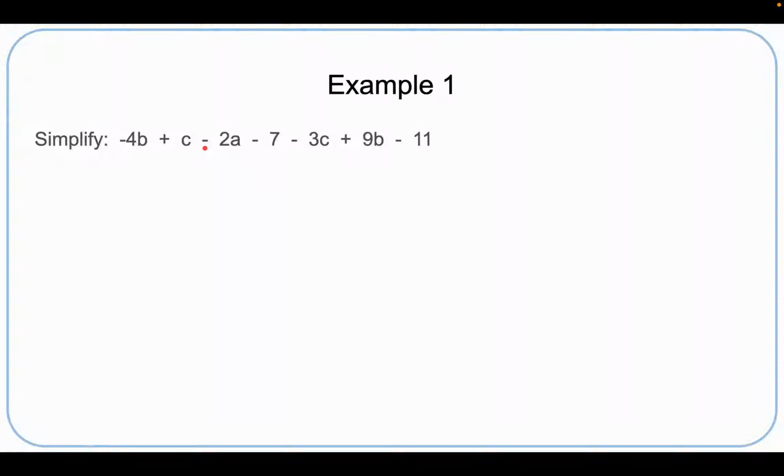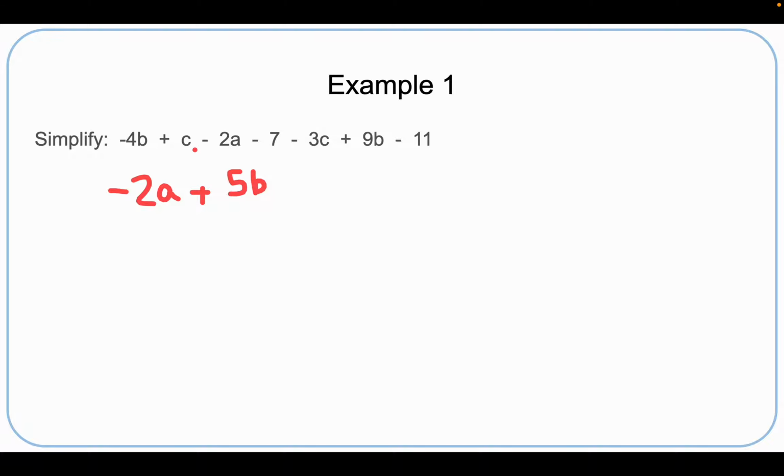So we have minus 2a, and there aren't any other a's. So when we simplify this, we're going to start with our minus 2a, and then we're going to go to the b variable, the b terms. So minus 4b plus 9b would be plus 5b, right? We're adding the coefficients and keeping the variable.